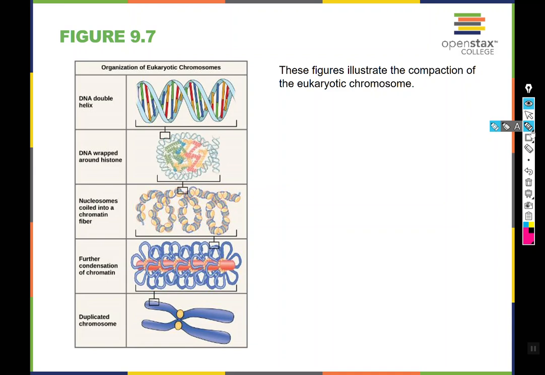And so in order to effectively keep that wrapped up in a way that's manageable, and also in preparation for cell division, which we'll cover in the next video, some organizational stuff has to happen. If you have a long molecule, think of it like yarn or rope.